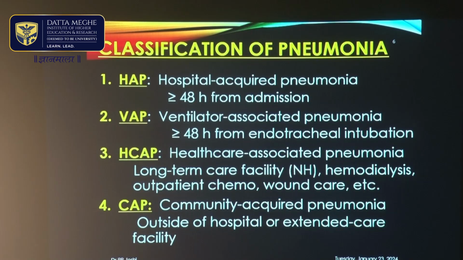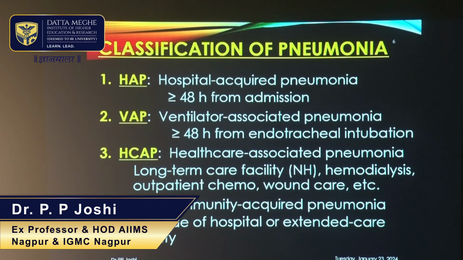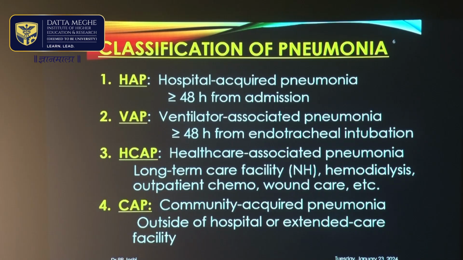Healthcare associated pneumonia is that which develops in patients who are in long-term care facilities or nursing homes, patients on hemodialysis who come to the hospital for their hemodialysis, or outpatients who are taking treatment in the outpatient department and for wound care. These are healthcare associated pneumonias.